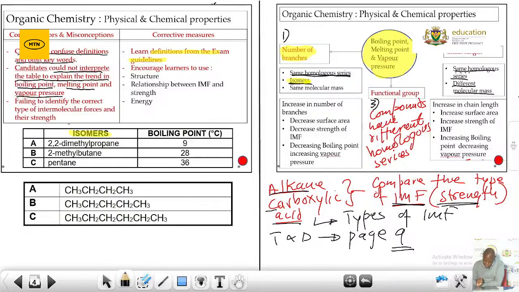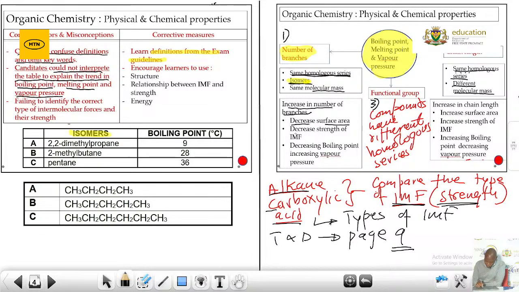For me to explain that one last bullet, it is key to say if I am working with number of branches, the compounds belong to the same homologous series and they are isomers of each other, and most importantly, they have the same molecular mass. But what is key and general here is that increase in number of branches decreases the surface area. That is what the examiners want to hear.